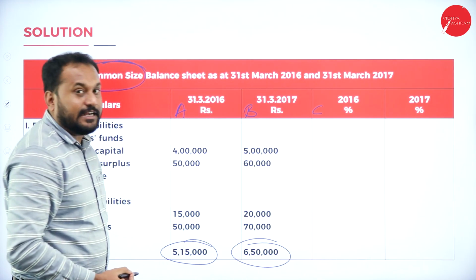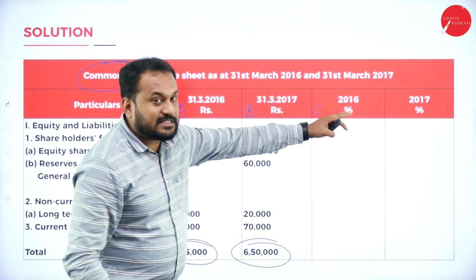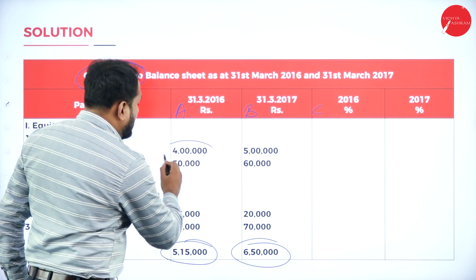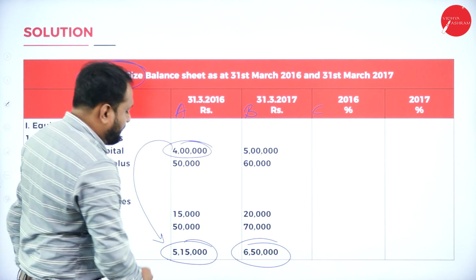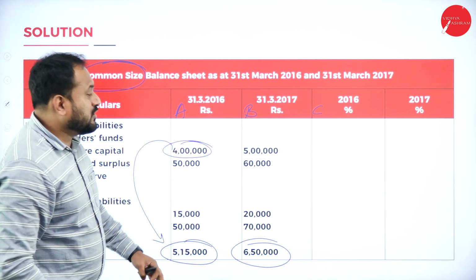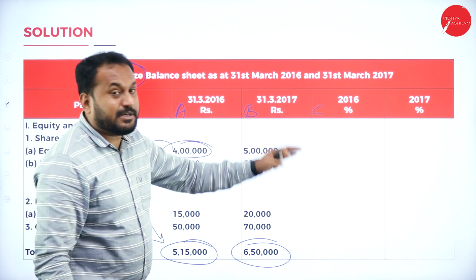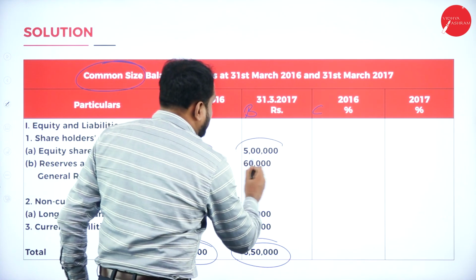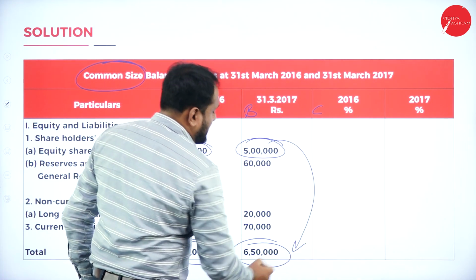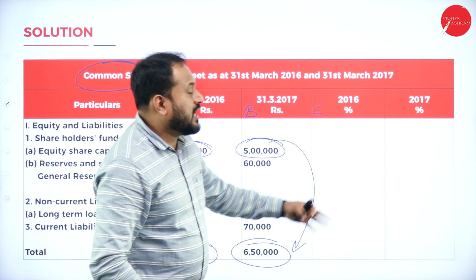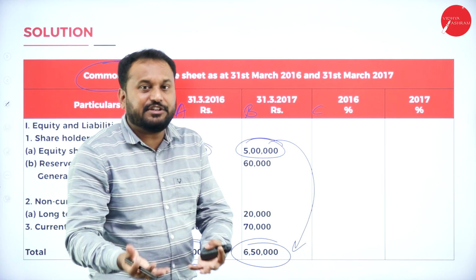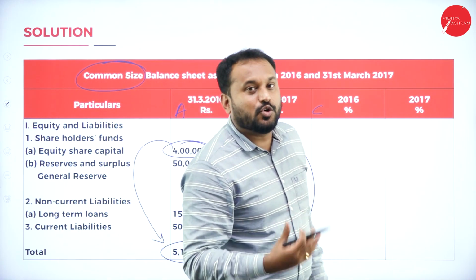That is how you will write it. Now 2016: 4 lakh divided by 5,50,000 into 100. That is how you will get the percentage. For 2017 percentage: 5 lakh divided by 6,50,000 into 100. Very, very easy. It is only division that you need to go with.